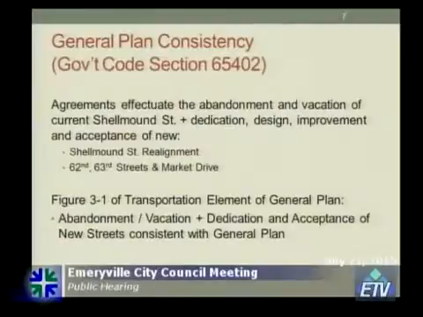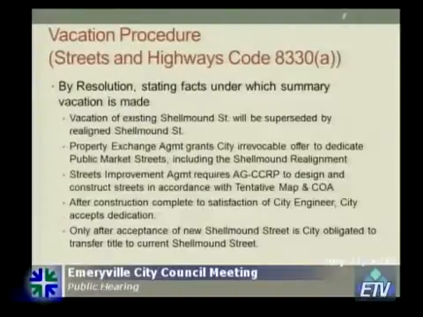Figure 3.1 of the general plan shows those new streets there. So the staff recommendation is that the realigned Shellmound Street and the addition of these new city streets would be consistent with those provisions of the general plan.